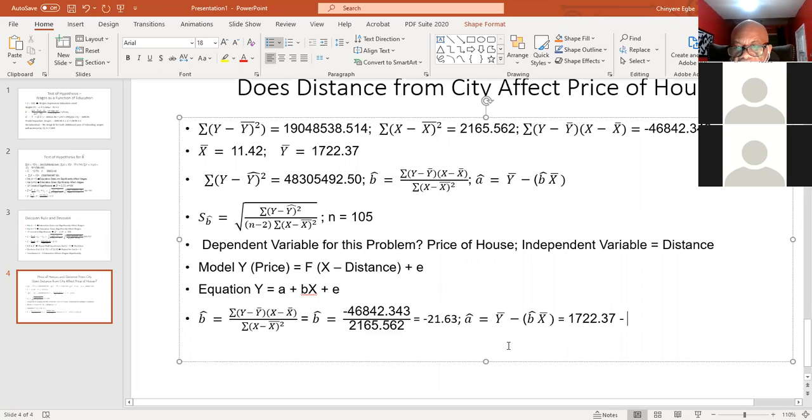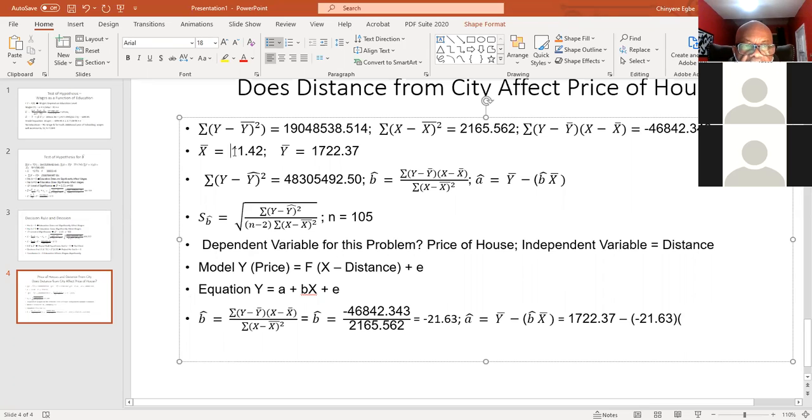And B hat is minus 21.63, times X bar. What is X bar?